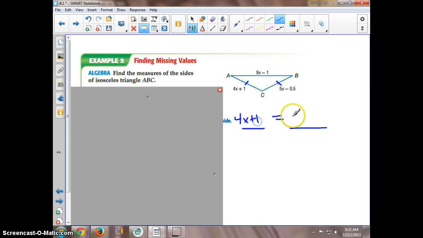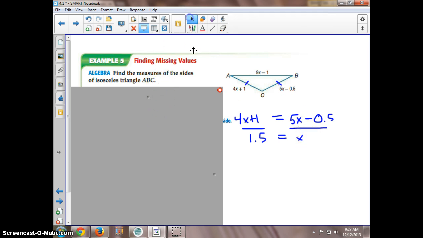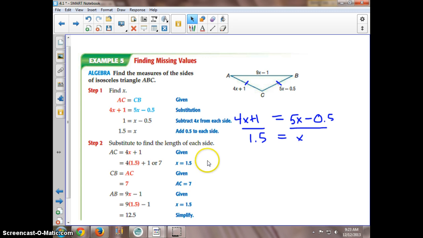Once we've done that, I know you are all pros at solving at this point. We can get all the x's to one side, so subtract 4x from both sides and add 0.5 to both sides. What does x equal? 1.5, but they want us to find the measures of each of the sides. So I won't take your time now to do that.